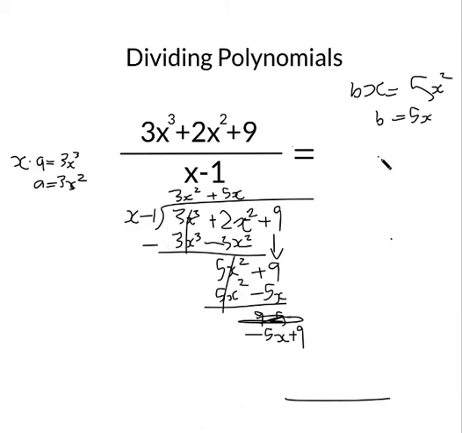We have to find what number multiplied by x gives negative 5x. That number would be negative 5. If we multiply negative 5 times x, we get negative 5x. So we move that down here. Negative 1 times negative 5 is 5.